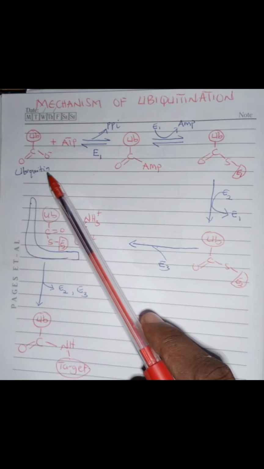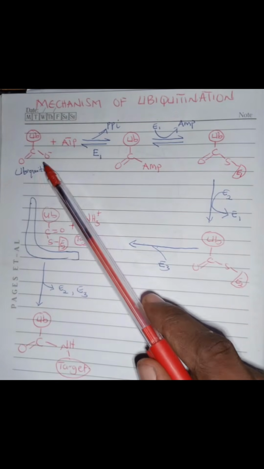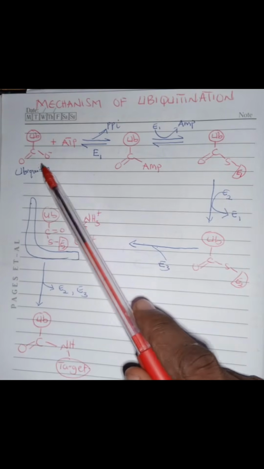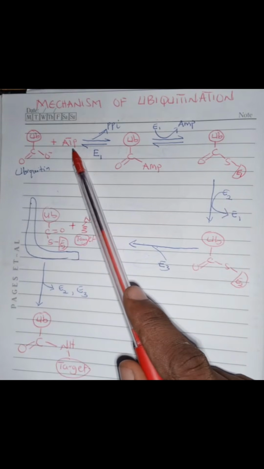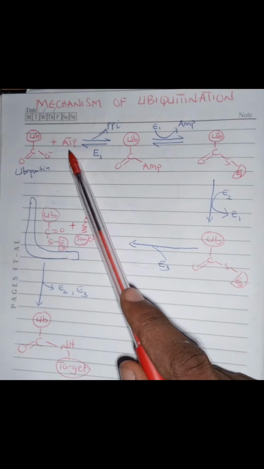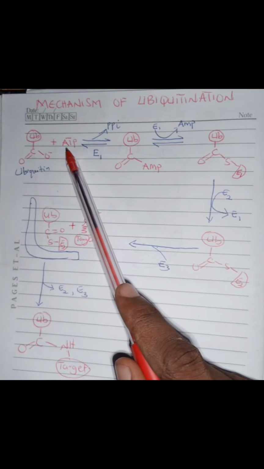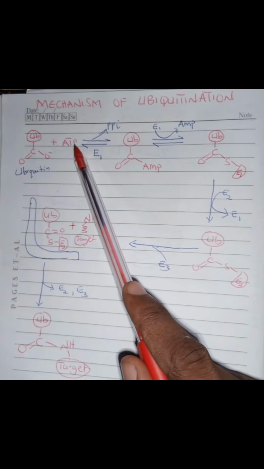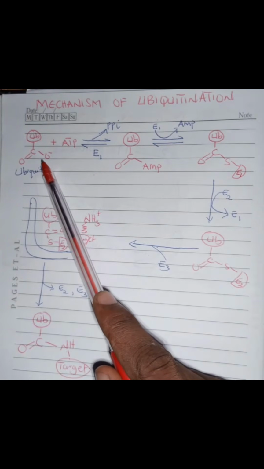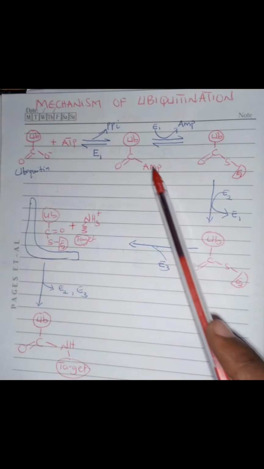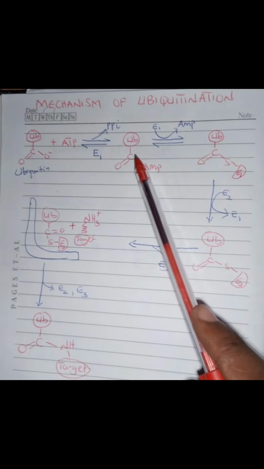So the first step in ubiquitination is activation of ubiquitin. We activate ubiquitin with ATP, adenosine triphosphate. We take adenosine monophosphate from ATP and attach it to ubiquitin, so AMP is now attached to ubiquitin.